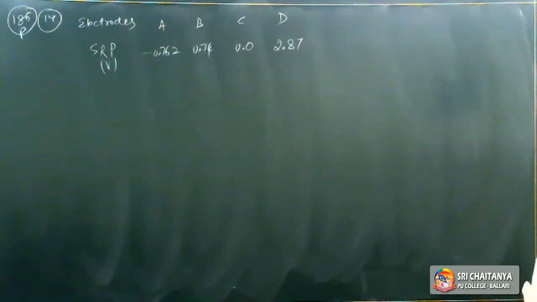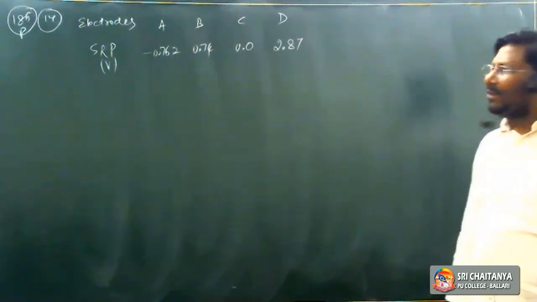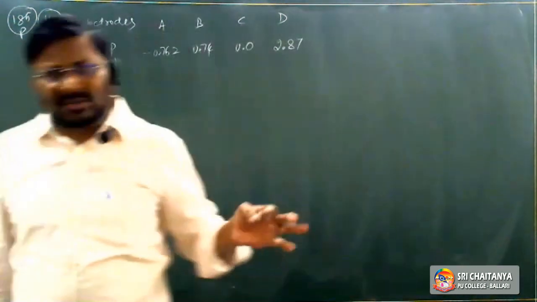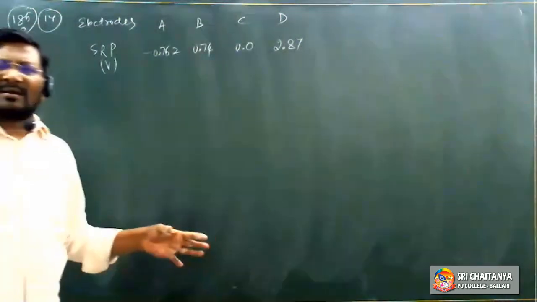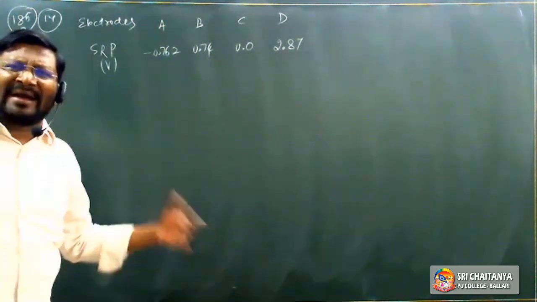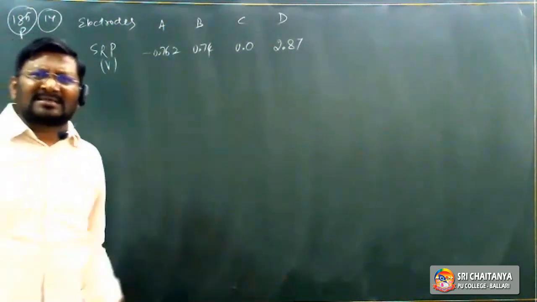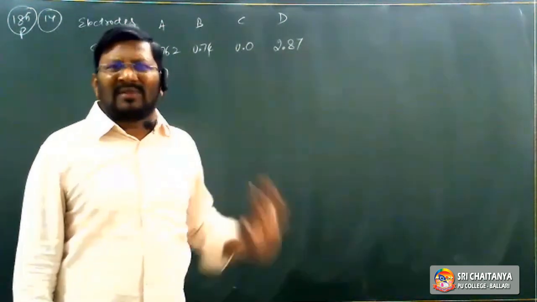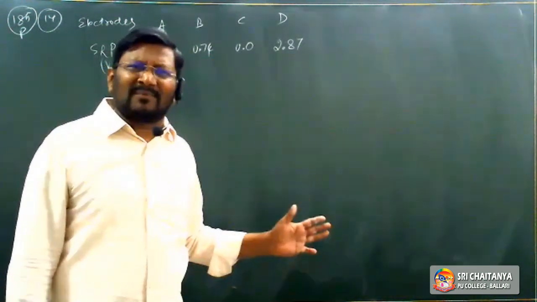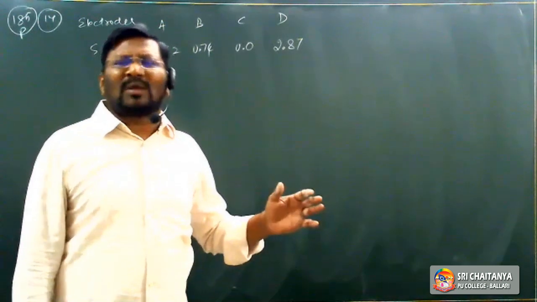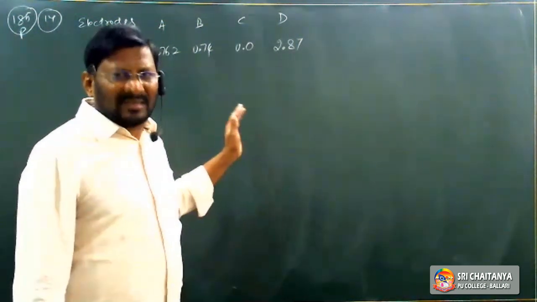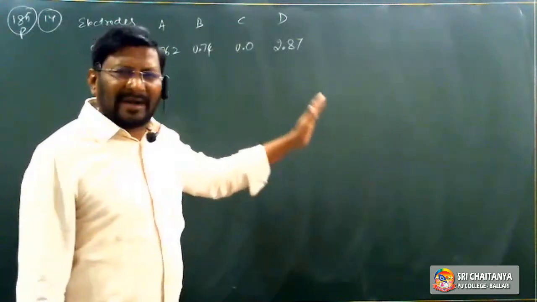Whenever the values are given, you will be asked to find out the strongest reducing agent or the strongest oxidizing agent. Like that, the questions will be there. For that, earlier, while explaining the electrochemical series, I have mentioned fluorine, lithium, then hydrogen.